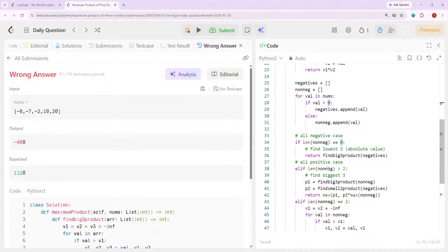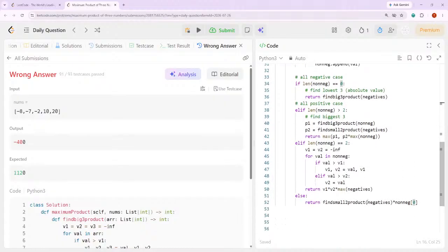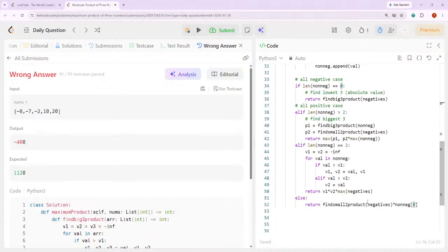Yeah. Look. Oh my God. I mean, I'm so close too, though. 91 out of 93. So maybe it's just this one other edge case.